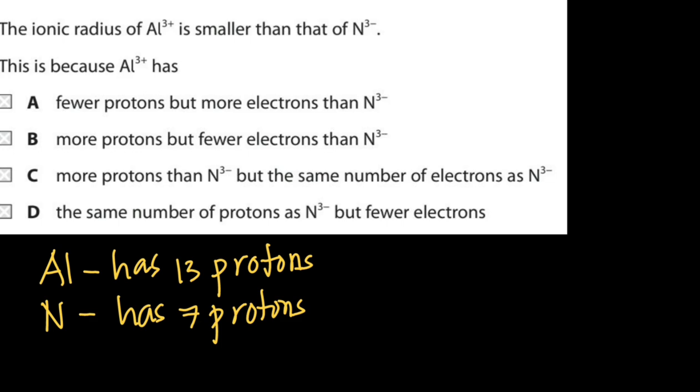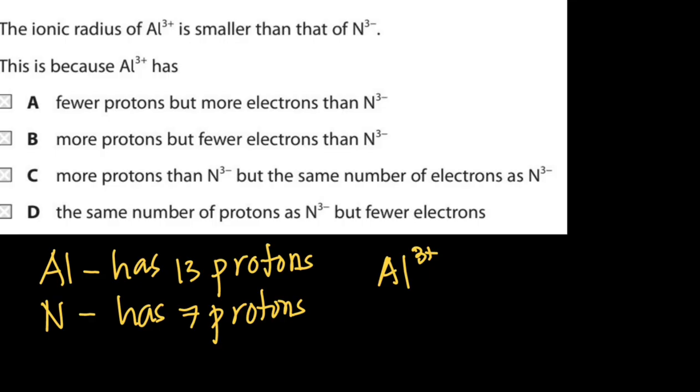This means that the aluminum 3 plus ion exerts a stronger attractive force on its electrons than the nitride ion. Now let's take a look at the number of electrons.